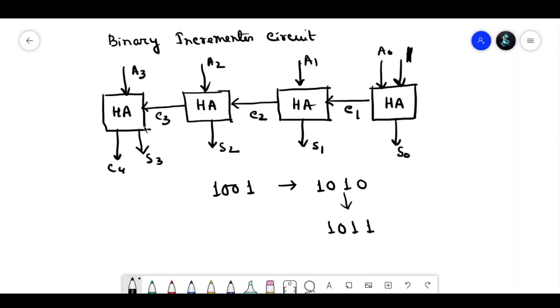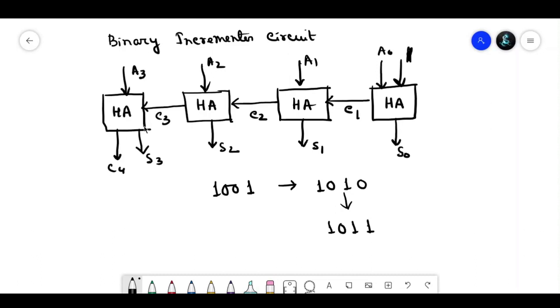So this is the combinational circuit for the binary incrementer, where we will use 4 adder circuits. The 4 adders will be connected so that the output of one half adder will be the input of the next. Here we are connecting only half adders, no need to connect full adders.